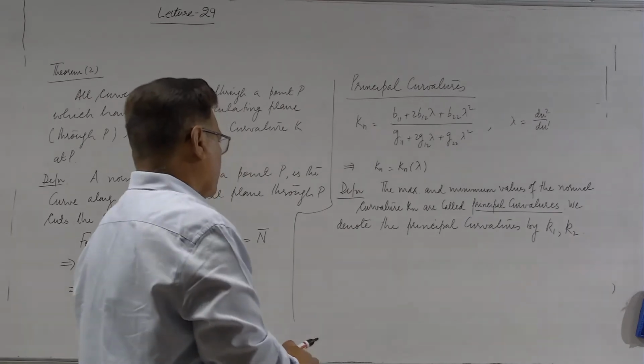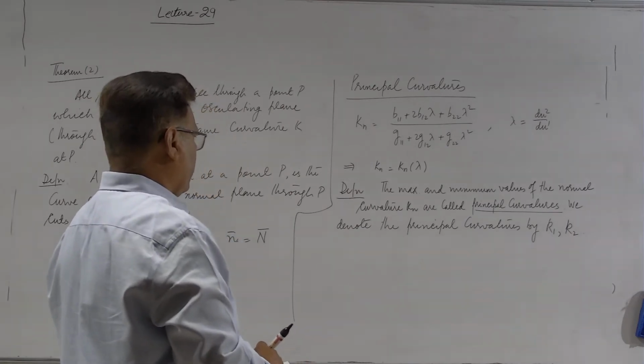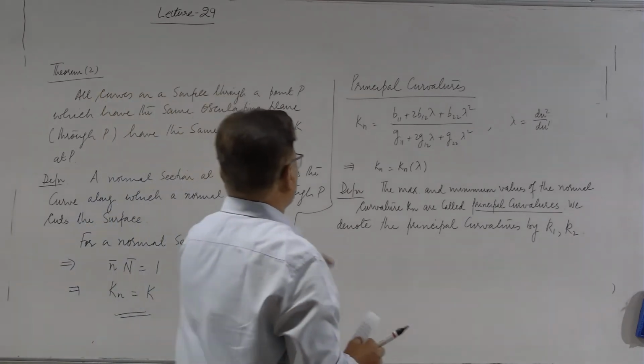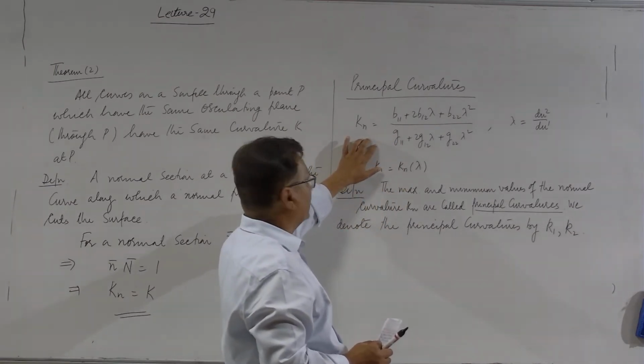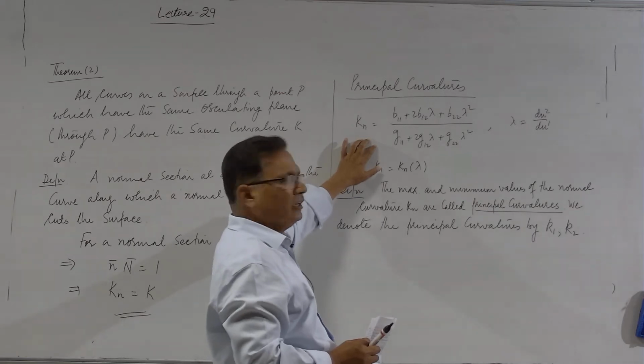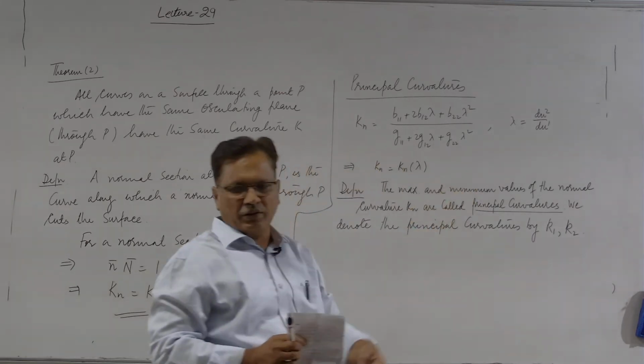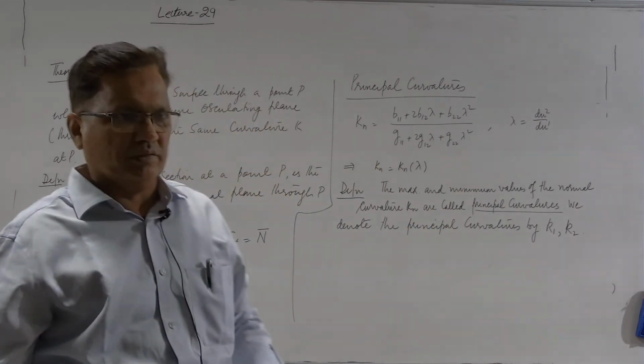Now, in order to work them out, we will be differentiating this expression of Kn, and I will put the derivative of Kn equal to 0. This will give me the maximum and minimum values, in fact K1 and K2.